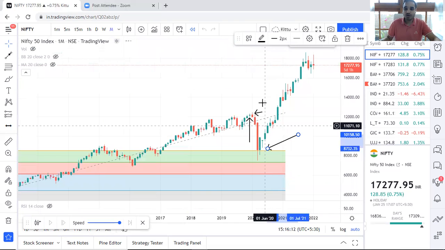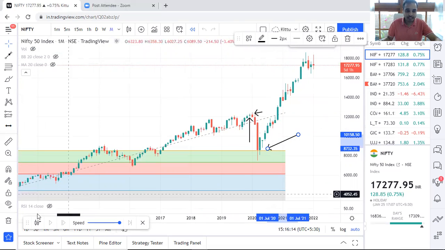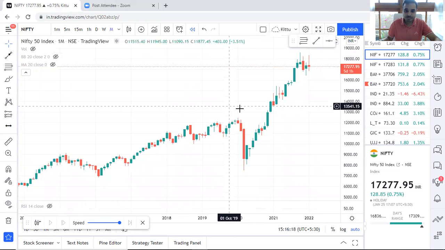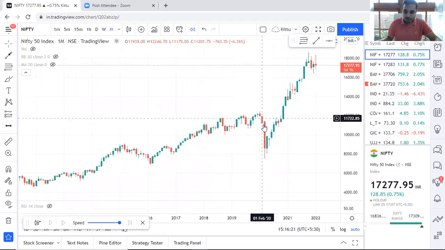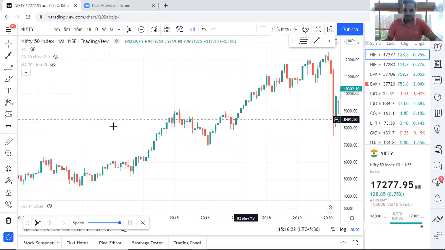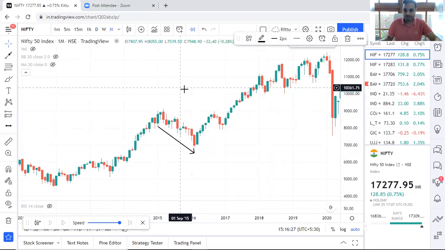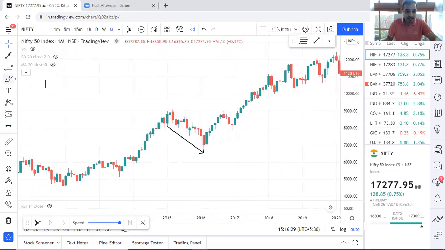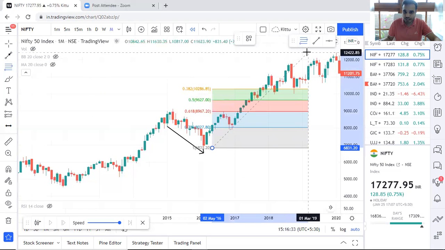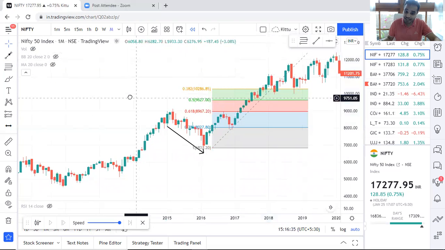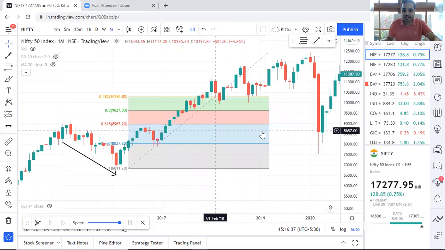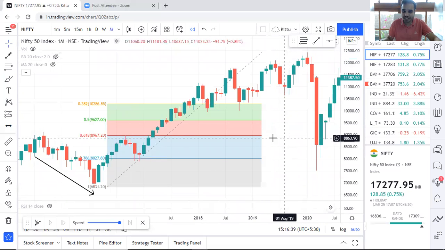And I can show you one more like this with the recent correction. If you go previous, before this COVID crash, you can clearly see there is a small correction here, right? If you take from that small correction to this COVID crash high, you can see the same levels, it got the green.